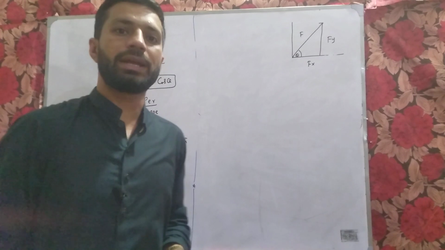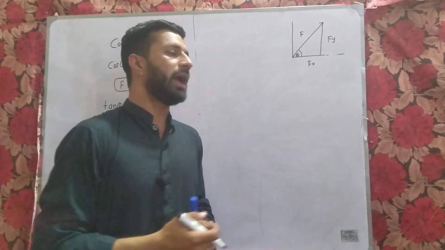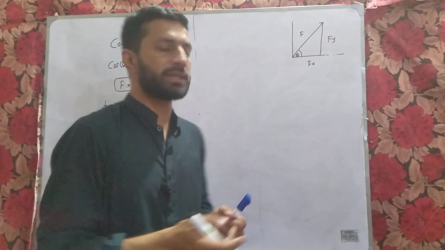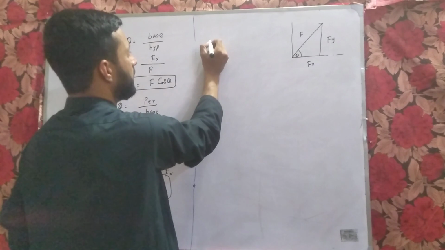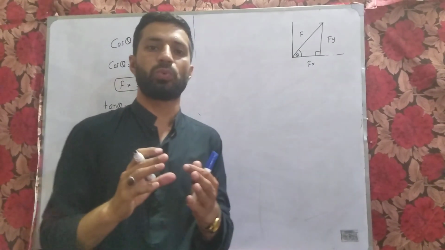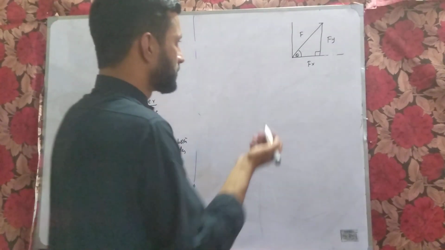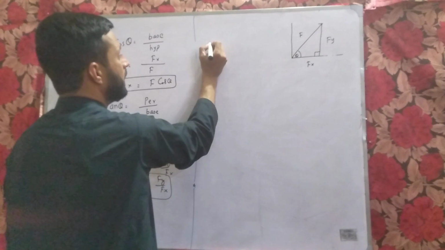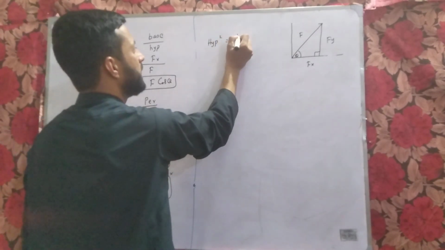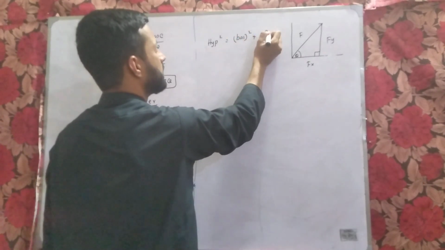In a right angle triangle, the Pythagoras theorem says that hypotenuse square is equal to base square plus perpendicular square. A right angle triangle is a triangle in which one angle is equal to 90 degrees, so this angle is 90 degrees.